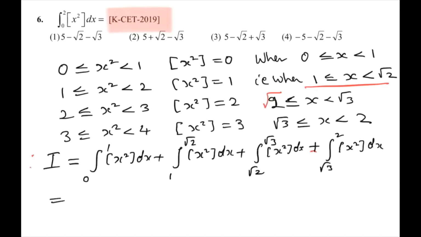Now here, from 0 to 1, the value of bracket x square is 0. So you get 0 here.